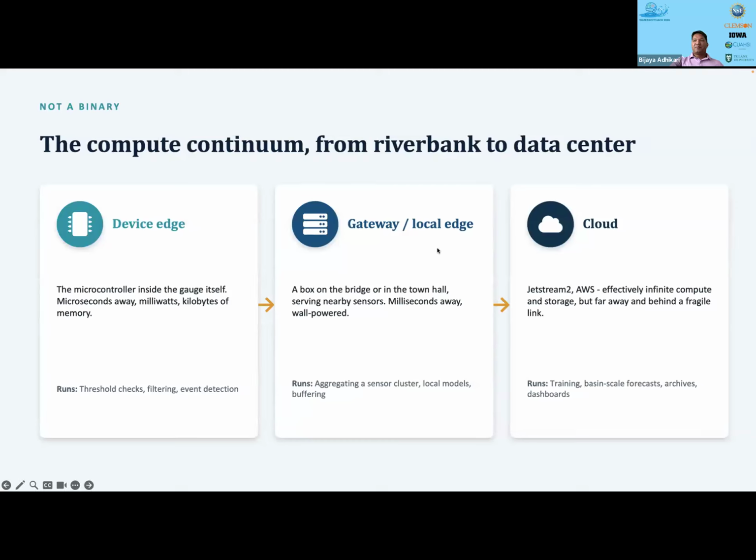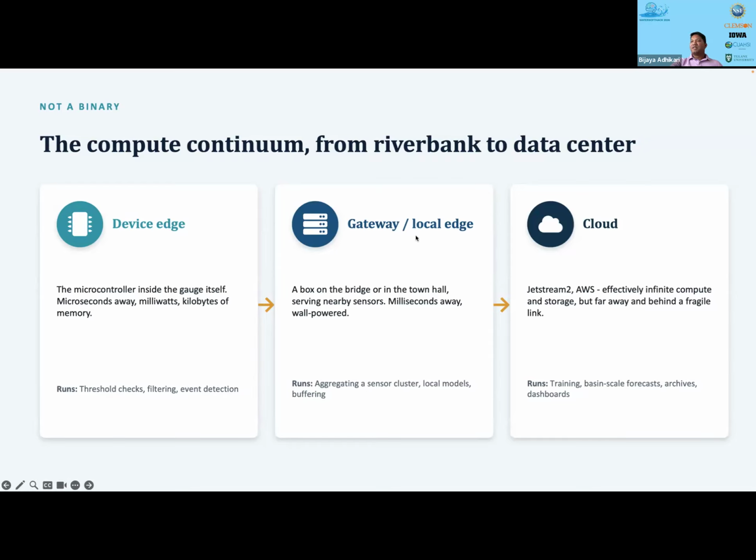Then there may be a box on the bridge, or a nearby hill, which is wall powered and a little bit more robust. It communicates with all nearby sensors, so you can call it a gateway or a local edge device.